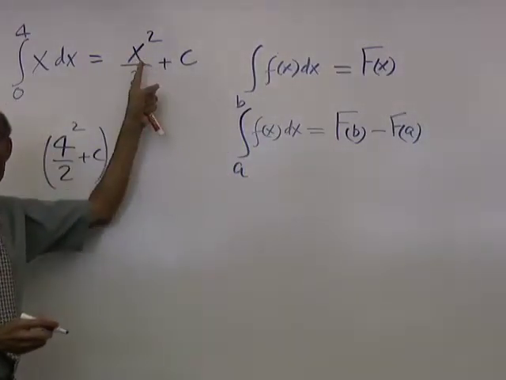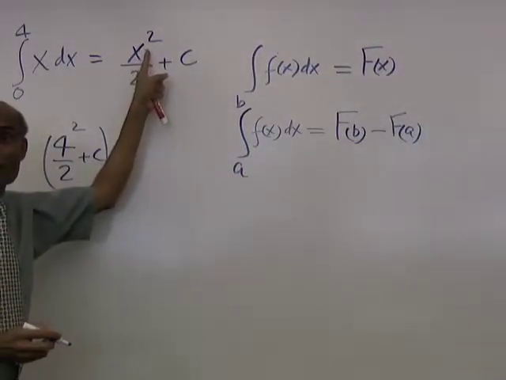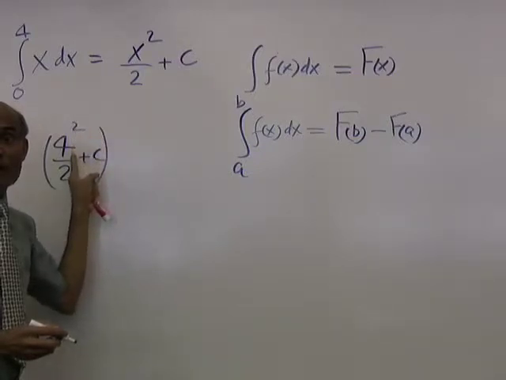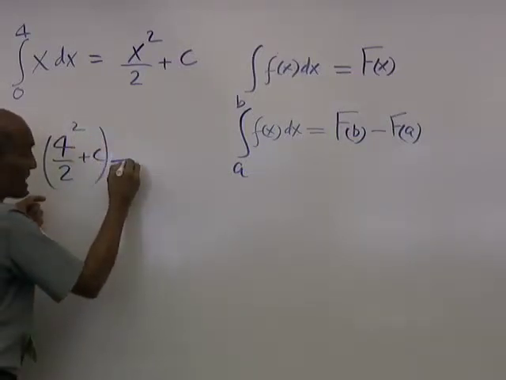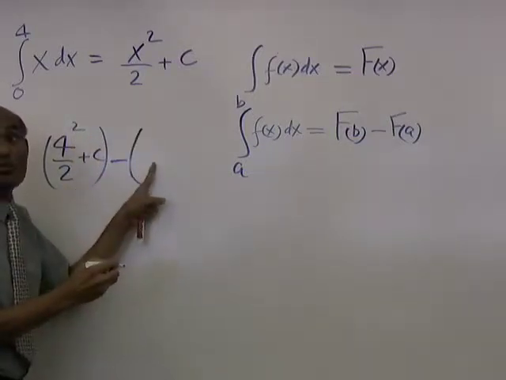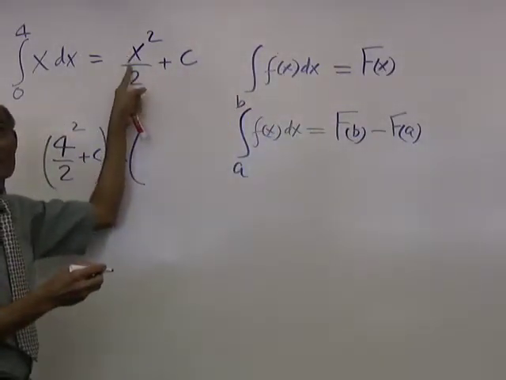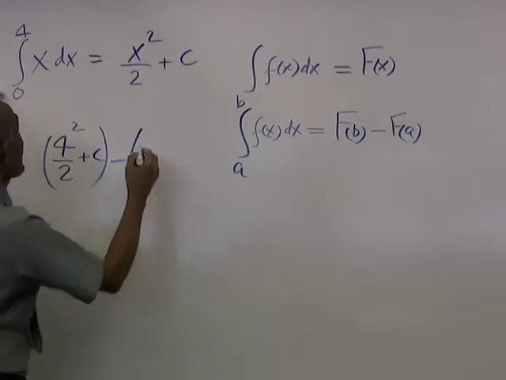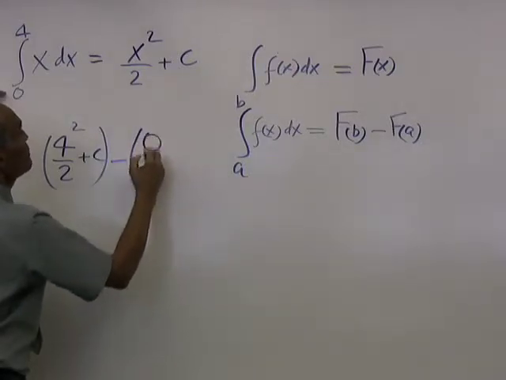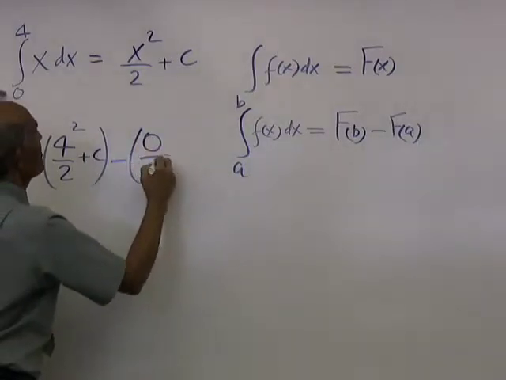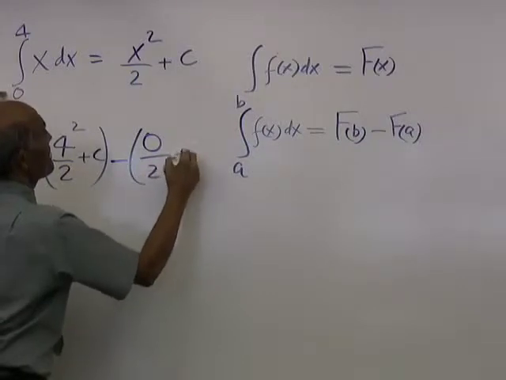Replace, in the integrated function, x by the upper limit and then subtract. Subtract what? F of a. In the integrated function, replace x by the lower limit, 0: 0 divided by 2 plus c.